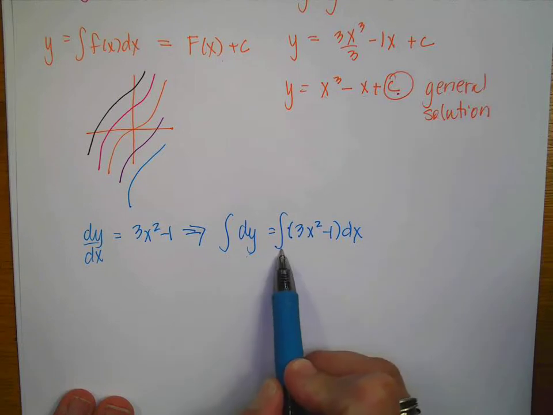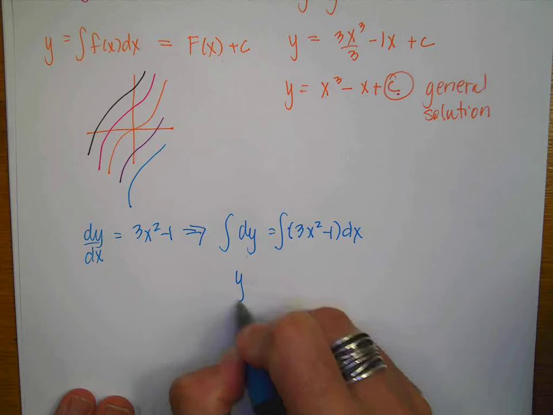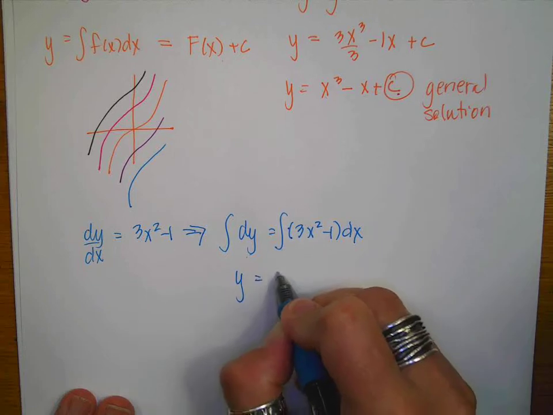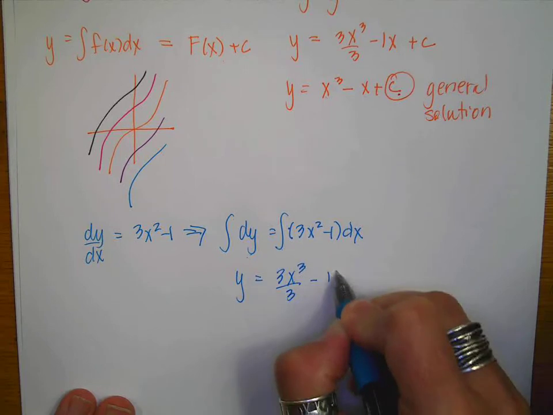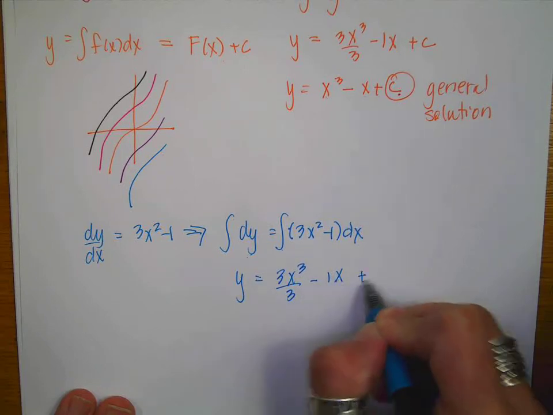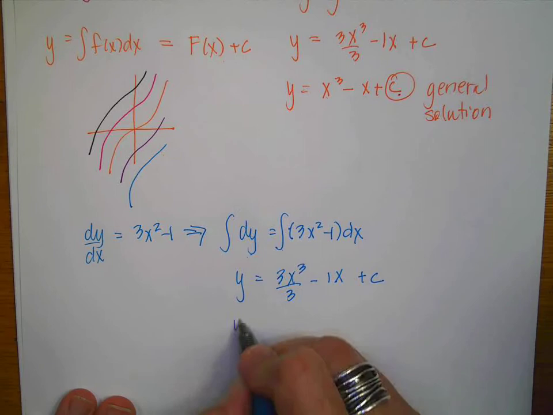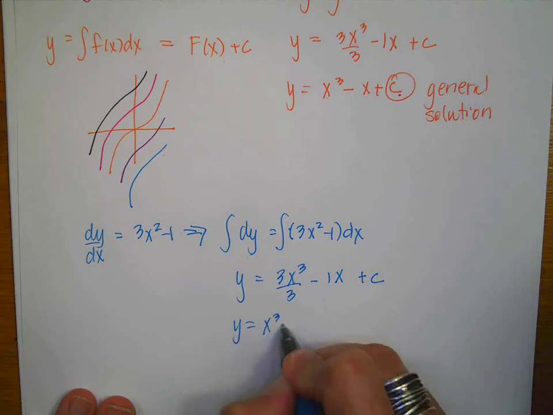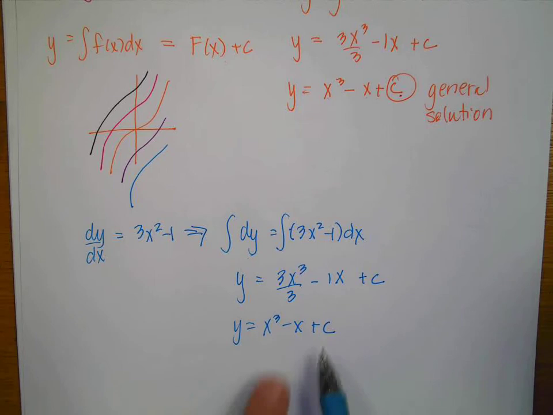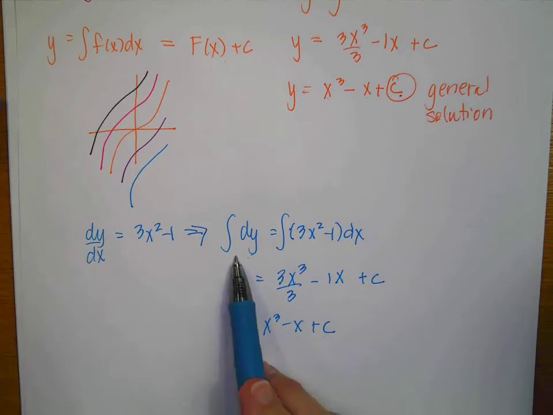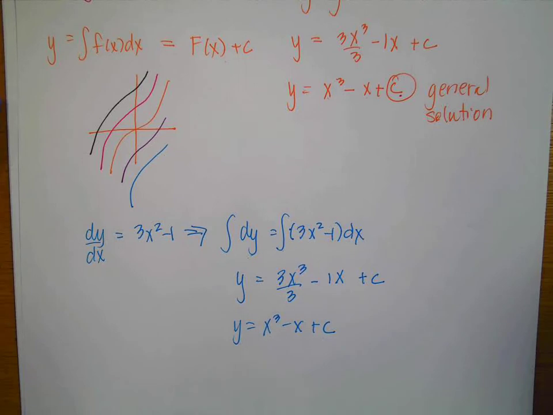Yes, you have to take the time to write your little integrals, and then you would get y is equal to, and this is a problem we've already done, 3x cubed over 3 minus 1x, and then plus c. And that's how we would have gotten x cubed minus x plus c, all right? So this is called the general solution of this differential equation.